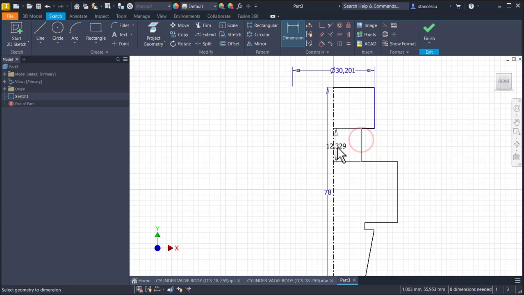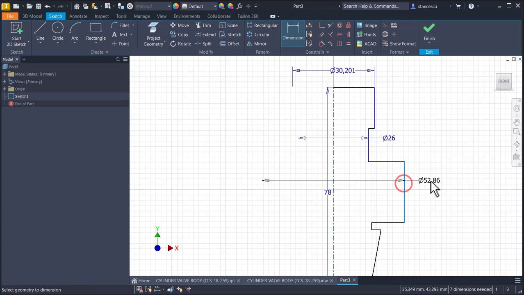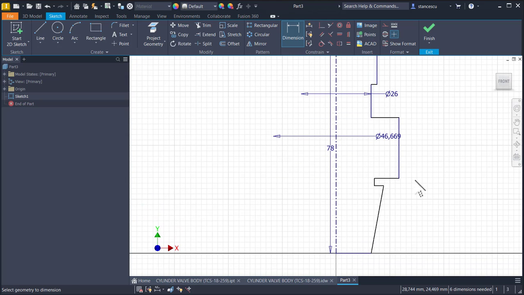The other dimension is 26. The other diameter is 33 multiplied by square root of 2. Okay. Now we are sure that this will cover a square with a side of 33.